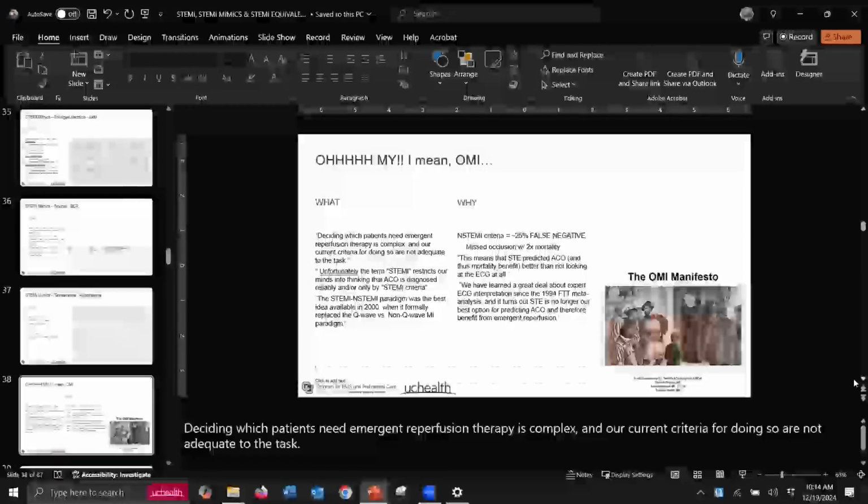And to kind of go down that rabbit hole, because this is where we can hopefully make a difference in our patient outcomes. And yeah, we have to take out what happens when they get to the ER, of our critical access facilities. But we can be the impetus to change this. I would encourage you to Google the OMI manifesto and read through it. It's got some very, very good points in it.